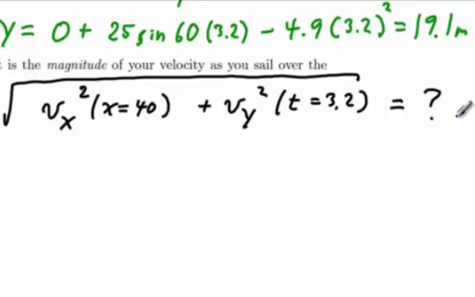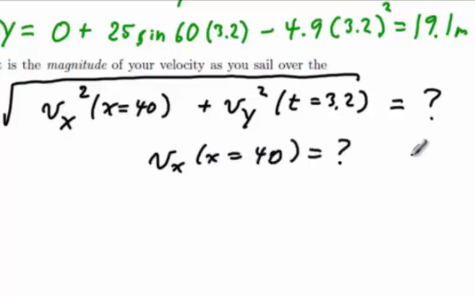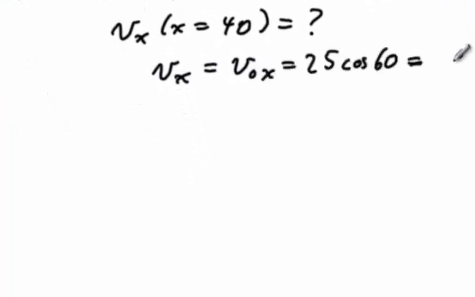Now the first of the two issues in this problem, what is Vx when x equals 40, is easier to solve for than you might think. Because Vx is a constant, Vx at any moment is the same as its initial value, which is 25 cos 60, or 12.5 meters per second.